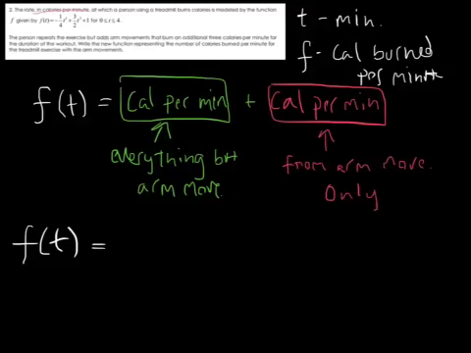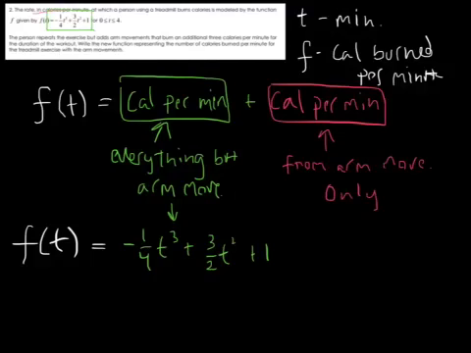Hopefully you realized that our original function right here gives us the number of calories I'm burning per minute at any given time. So I can actually input that into my equation: negative 1/4 t cubed plus 3/2 t squared plus 1.